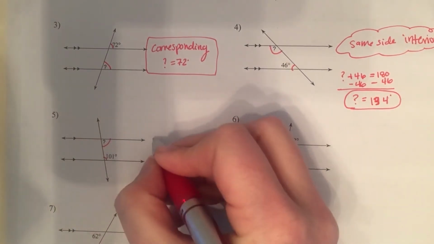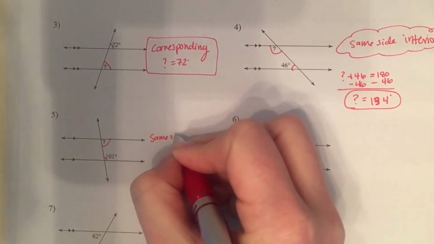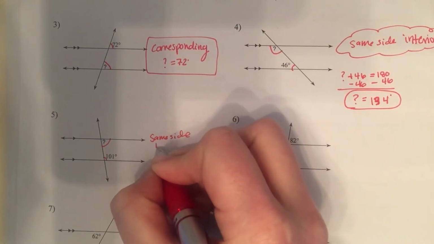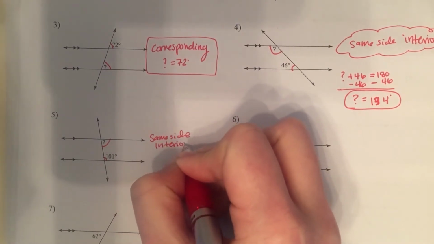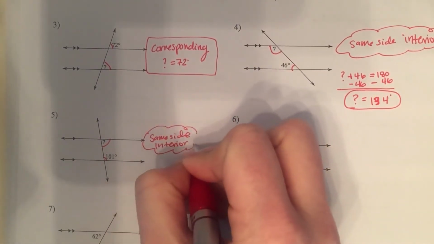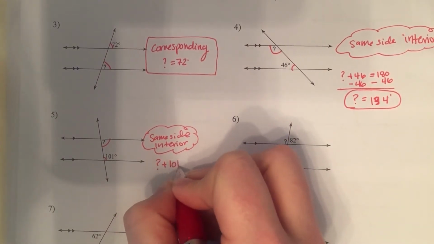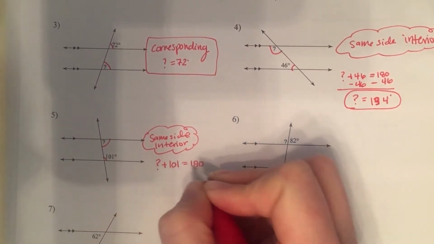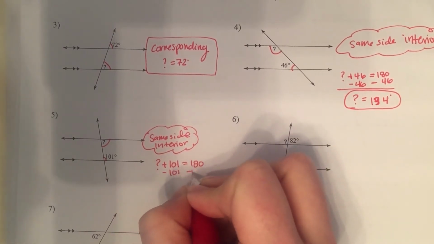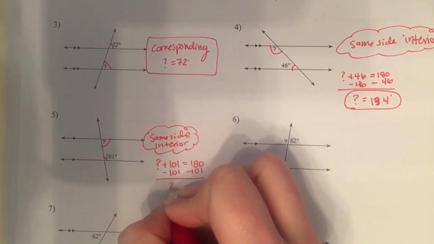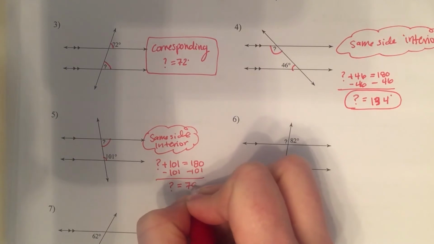Same side interior, there's my name, and the question mark plus the 101 will equal 180, minus 101, question mark is equal to 79.